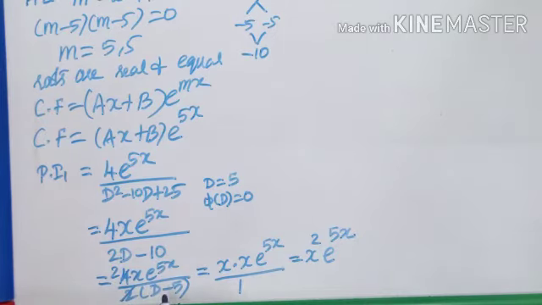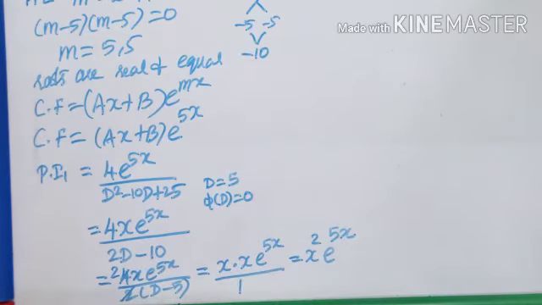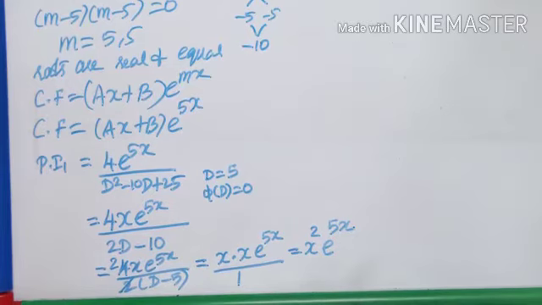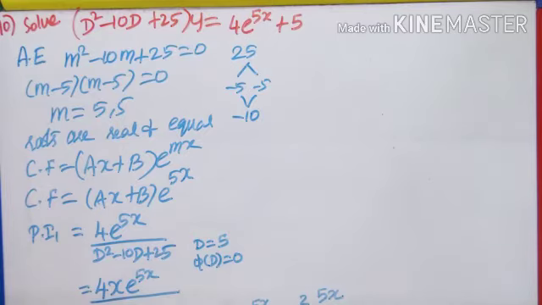Now also, the denominator becomes 0 when I put D equal to 5. So put one more x in the numerator and differentiate the denominator. As I differentiate, D becomes 1, 5 becomes 0. My answer is x square e power 5x. This is particular integral 1.